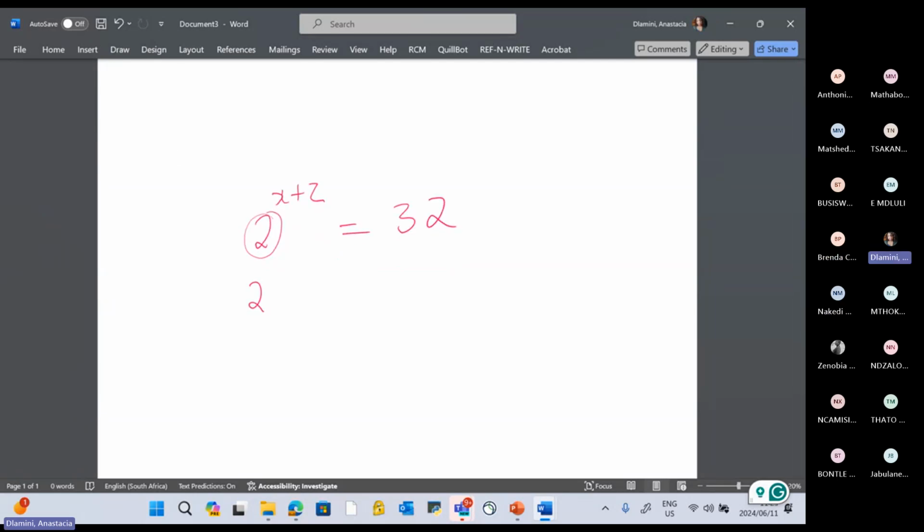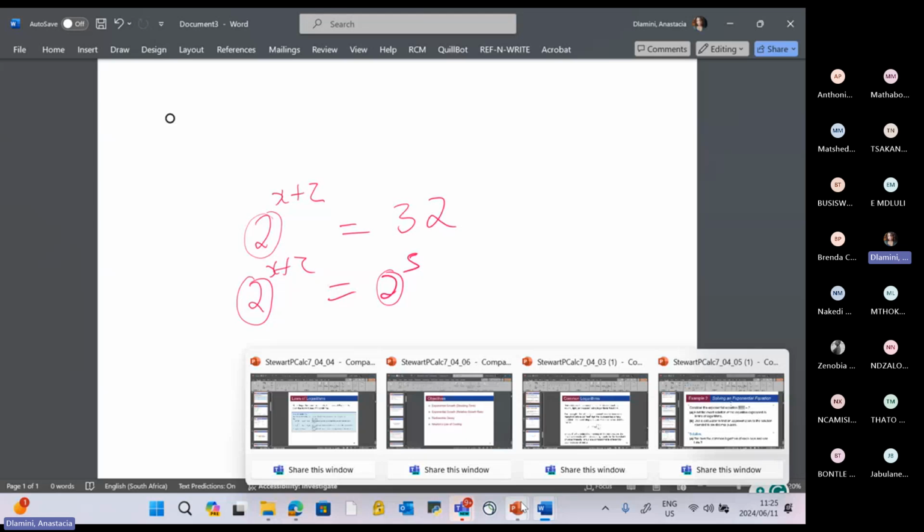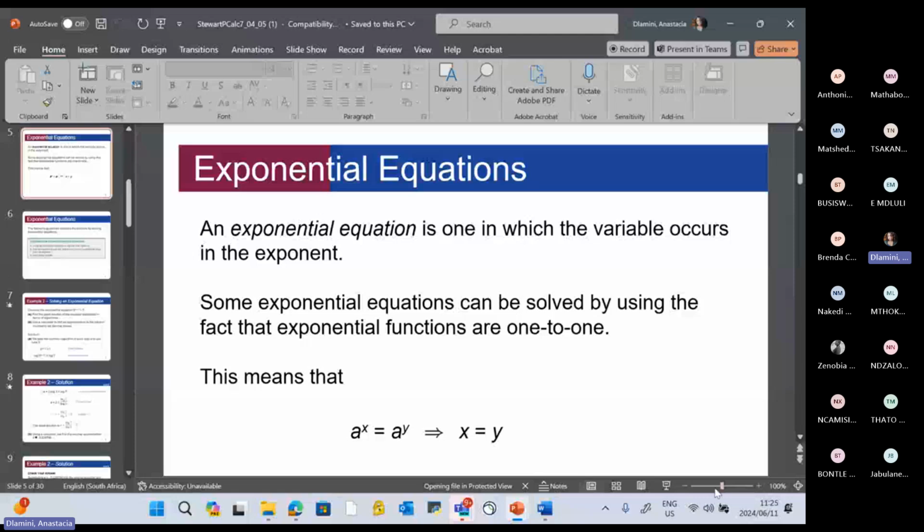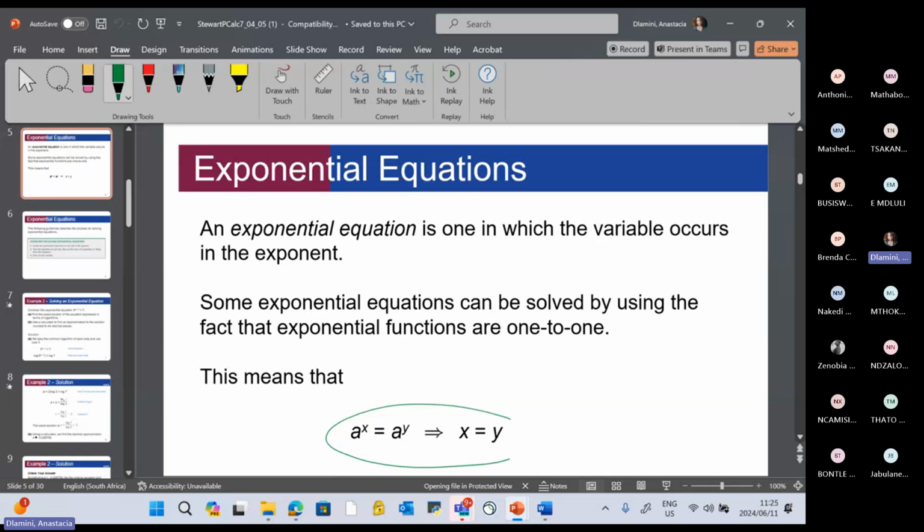So then we said 2 to the power of x plus 2 is equal to 2 to the power of 5. Now, because these bases are the same, and we also apply what we have learned, that if a function is 1 to 1, then if a to the power of x equals y to the power of x, then x is equals to y.